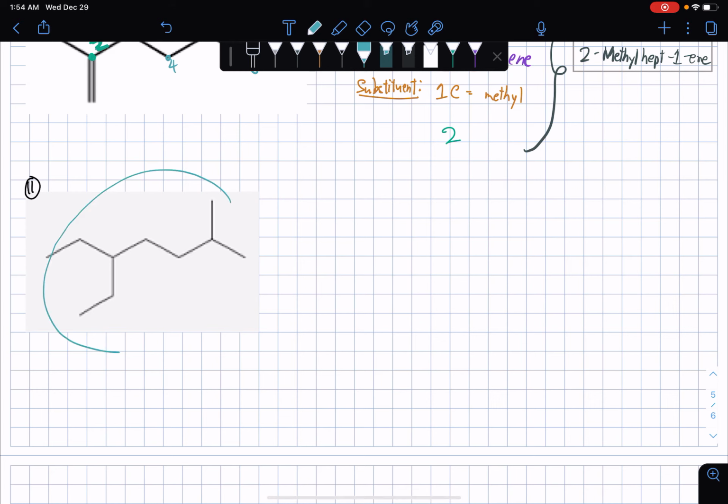So the structure looks a little more like a crab or a scorpion of some sort, but fun aside, let's count the carbons. Right now, we can see that we have 2 substituents. 1, 2, 3, 4, 5, 6 carbons. We have 6 carbons in total, which is the prefix hex. And altogether, the structure is a single bond, so we don't have to worry about the green number anymore.